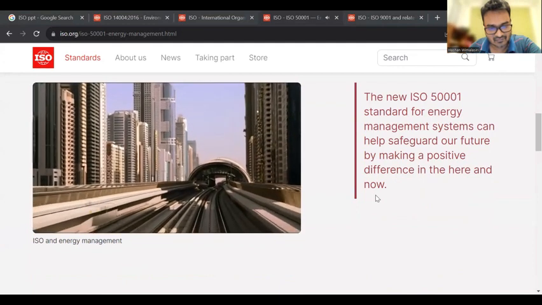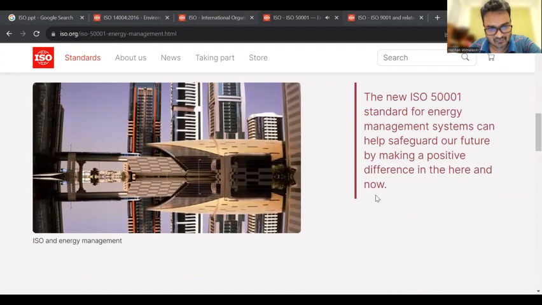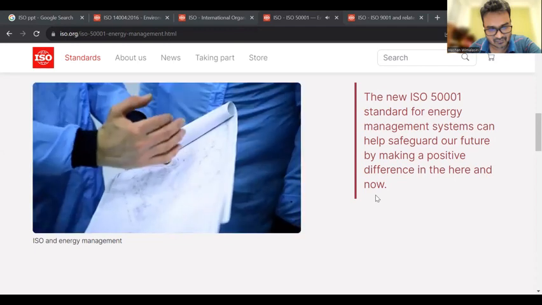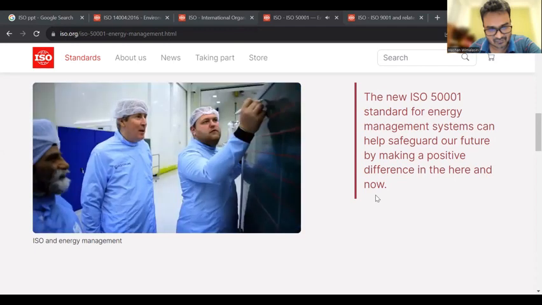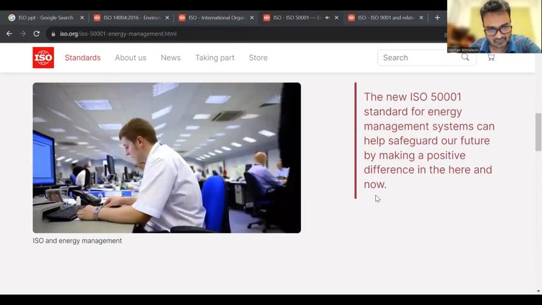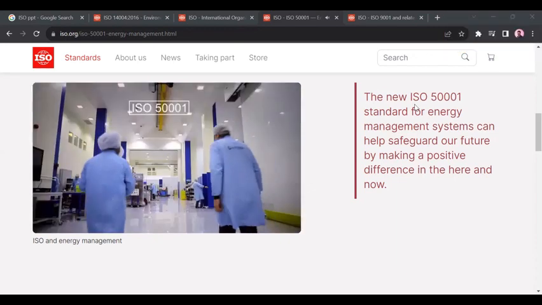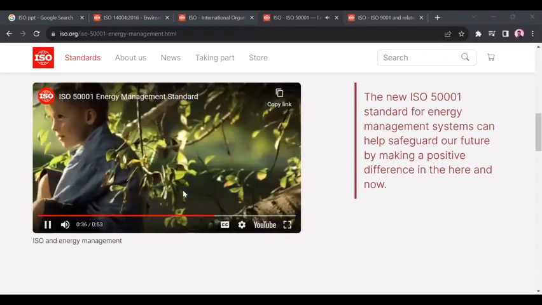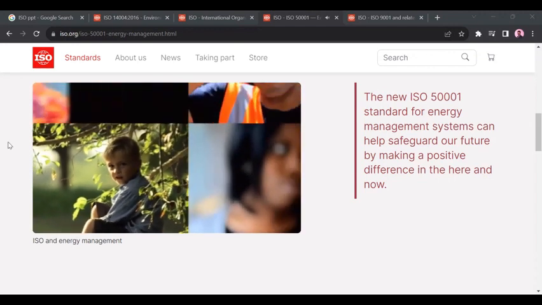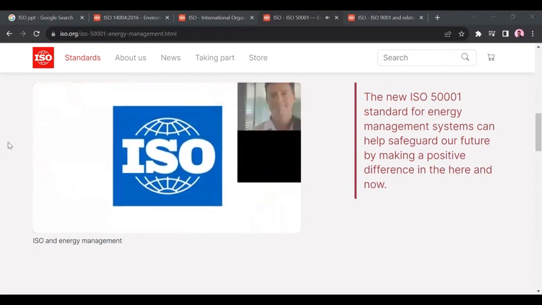Developing and deploying technologies for new and renewable energy sources can take time, but organizations can achieve immediate benefits by improving the way they manage energy. Improved energy efficiency can cut costs, conserve resources, and contribute to reducing global warming. The new ISO 50001 standard for energy management systems can help safeguard our future by making a positive difference in the here and now. When it comes to energy management, confidence has a nickname that's recognized worldwide. Now you know it too. It's ISO.